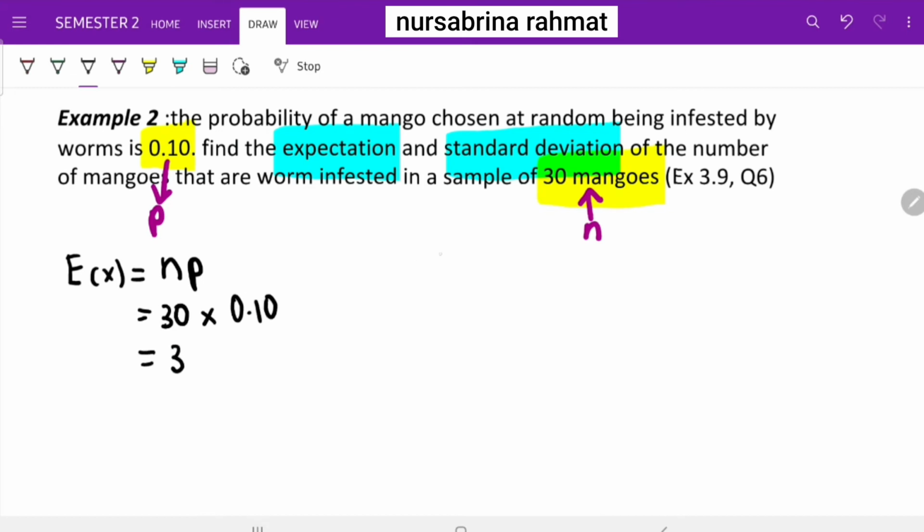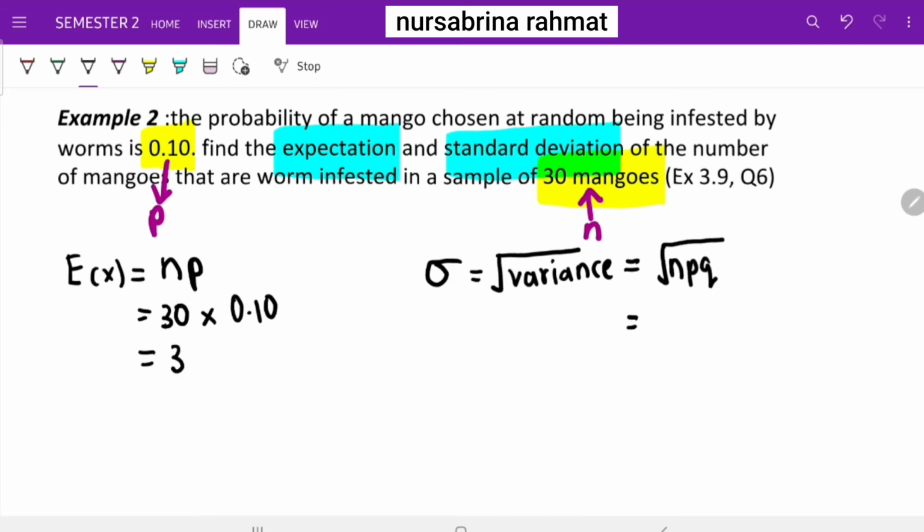Now the standard deviation is the square root of your variance, which equals the square root of npq.